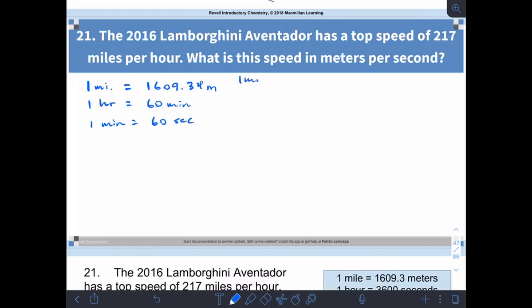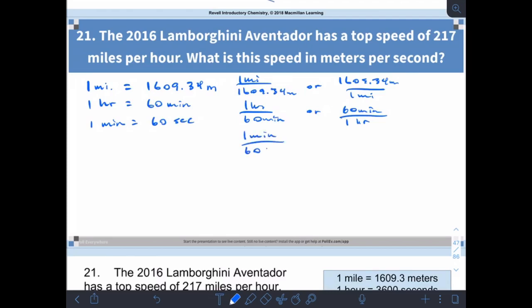So I can write 1 mile over 1609.34 meters, or 1609.34 meters over 1 mile. 1 hour over 60 minutes, or 60 minutes over 1 hour. 1 minute over 60 seconds, or 60 seconds over 1 minute. All right, so we're going to be using all three of these in this problem.